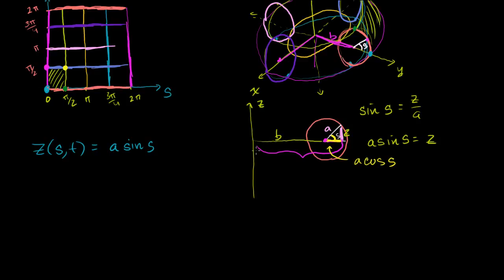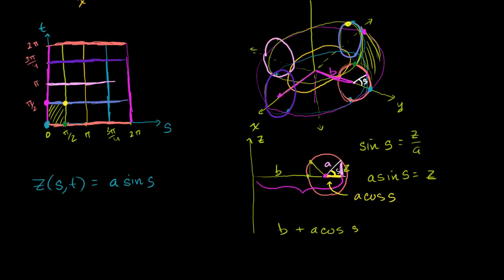So if we talk about just straight distance from the origin along the xy plane, our distance is always going to be b plus a cosine of s. When s is out here, then a cosine of s is actually going to become a negative number, and that makes sense because our distance is going to be less than b. We're going to be at that point right there.